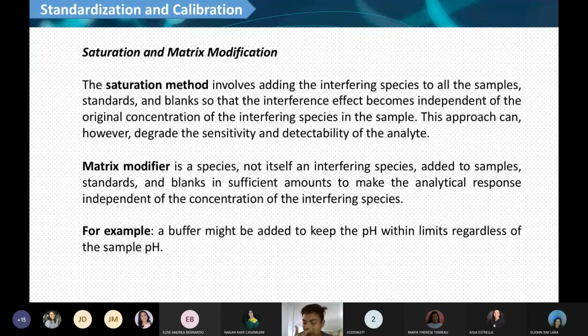So, saturation method. That means yung mga interfering species, yung mga other chemical substances that is present in your solution, tatanggalin nyo sila. Okay? So, you will remove them. Okay? So, yung matrix modifier, that is the same concept with the saturation method. No?